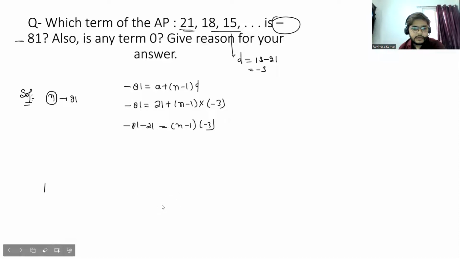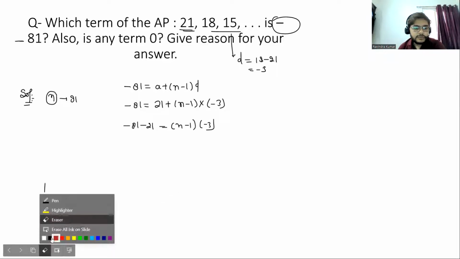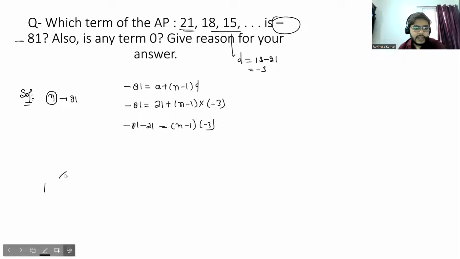As you know, minus minus, we have to do the addition here. So it will be 103 minus 3, because it will be in division. Minus minus cancel out. So it is basically 102 over 3, which is 34, plus 1 is equal to n. So 35 is equal to n.